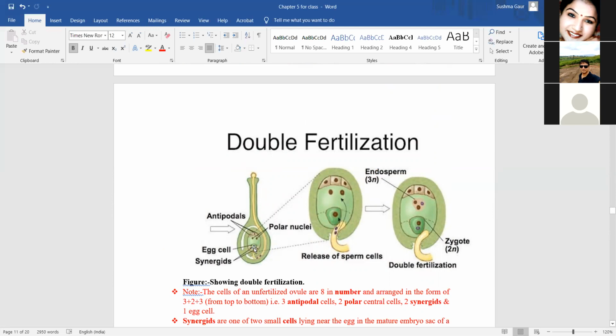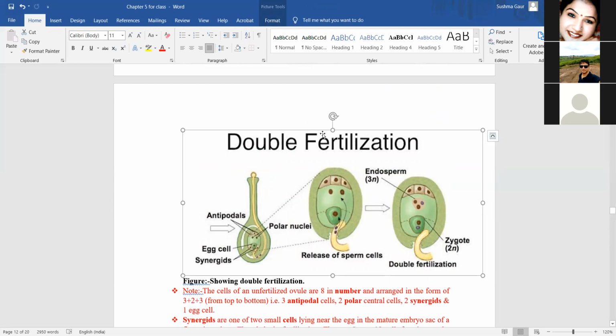Should I zoom the diagram, Shreya? No, ma'am, it's clear. Okay, then the three cells present at the top are known as antipodal cells, and these two cells are known as polar nuclei. This one cell is known as the egg cell and these two cells at the bottom are known as synergid cells.